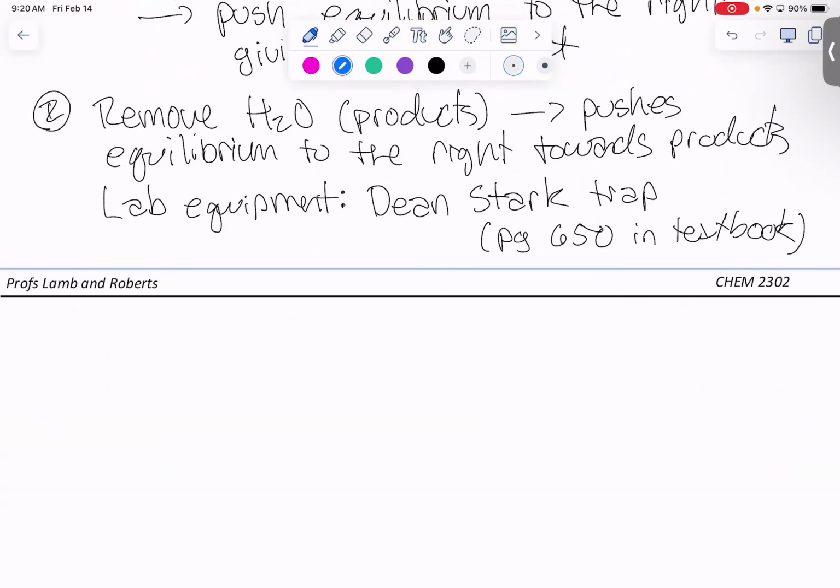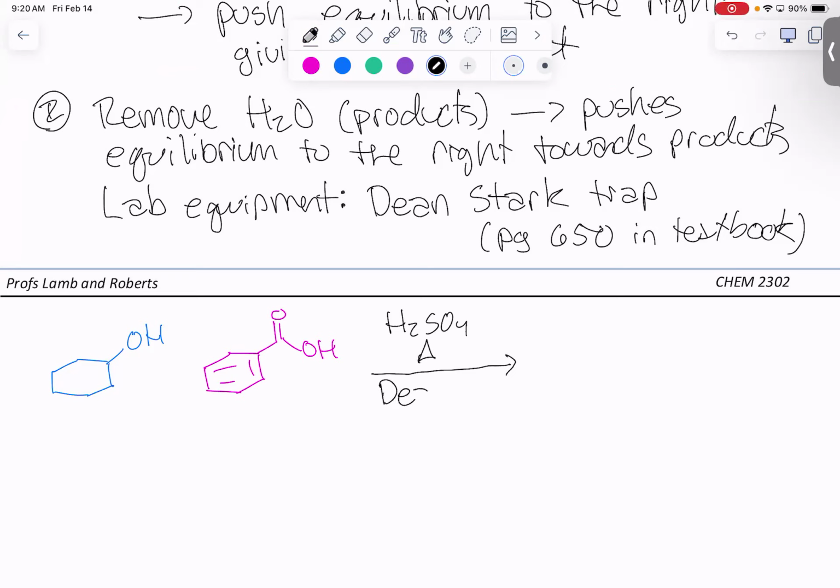So we might have this sort of cyclohexyl alcohol here. And then maybe we have just benzoic acid. And then over the reaction arrow, this would normally be at equilibrium, but we're not going to draw it there. We're going to take an acid catalyst, we'll add a little bit of heat to this so that distillation happens, and then we can use our Dean Stark trap.